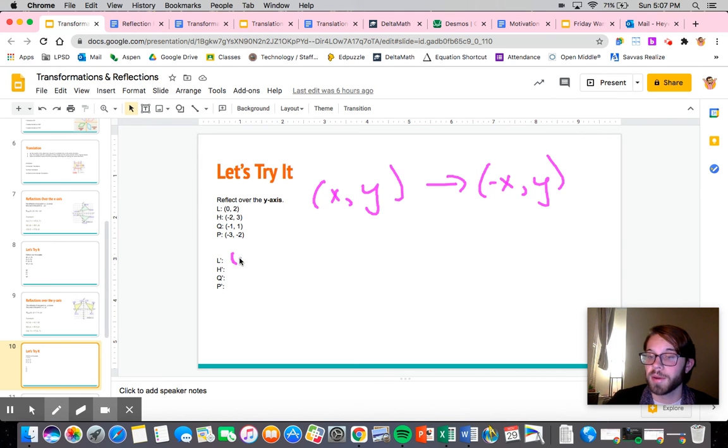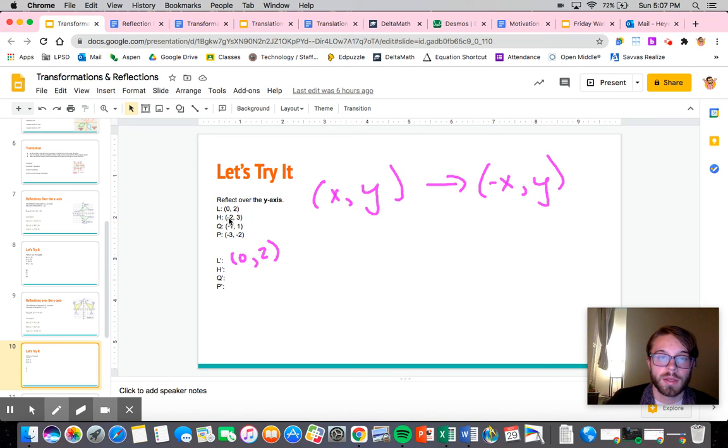Obviously, if you flip 0, you don't do anything, right? 2. Okay, so that doesn't change at all. It's on the line, so it will not change. And how would we know that? Because it's actually on the y-axis. So whenever you get a point on the actual line of reflection, it doesn't change.